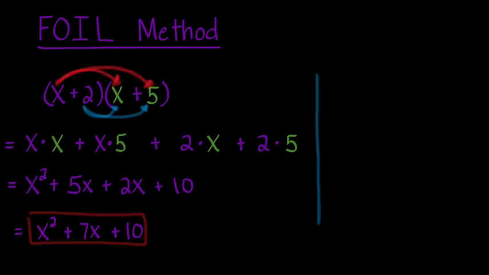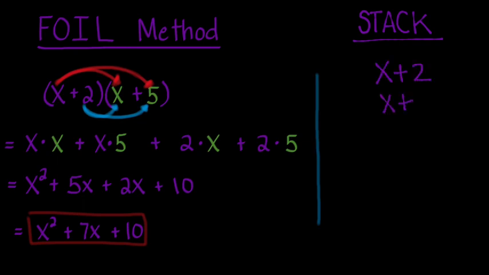Now the last method I'm going to show you is called stack. And you've always multiplied using stack your whole life. You take one term and you stack it on top of another, and then you multiply up and over. So if I stack it like I would if I was multiplying, say, 150 times 25, I would do the same thing.